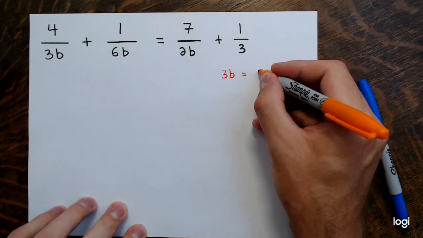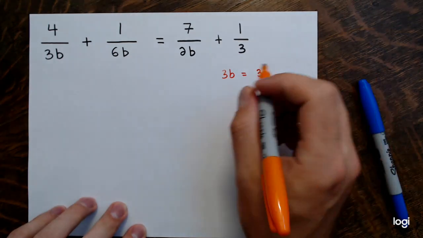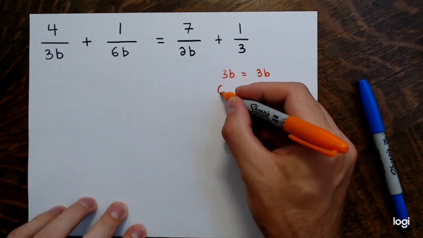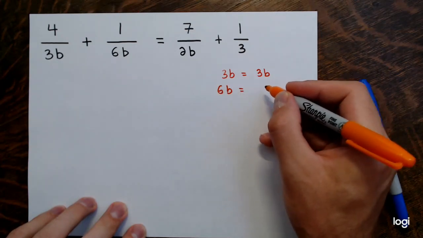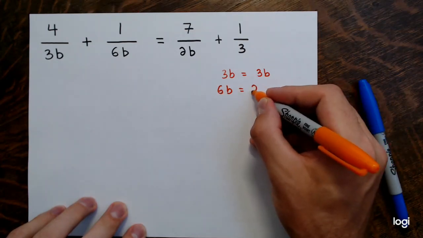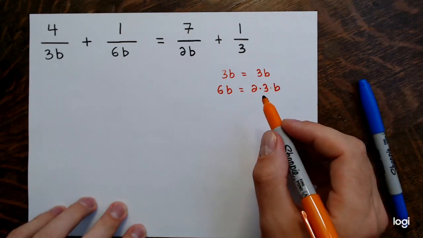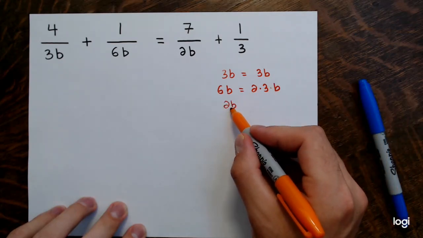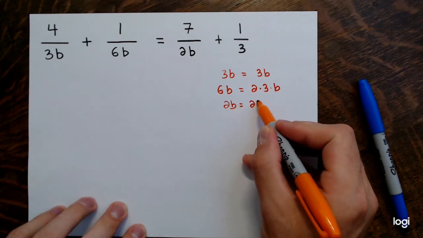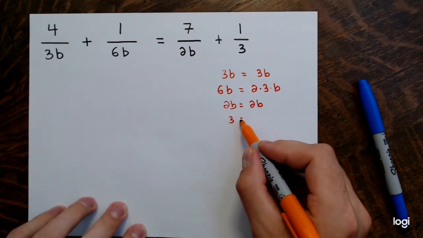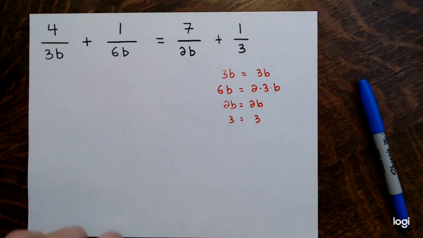When that factors, it's just 3 times b. This denominator, 6b. When that factors, 6 actually factors to 2 times 3. So you have 2 times 3 times b. The 2b factors to just 2 times b, and 3 just factors to 3. Not a lot of factorization going on here.